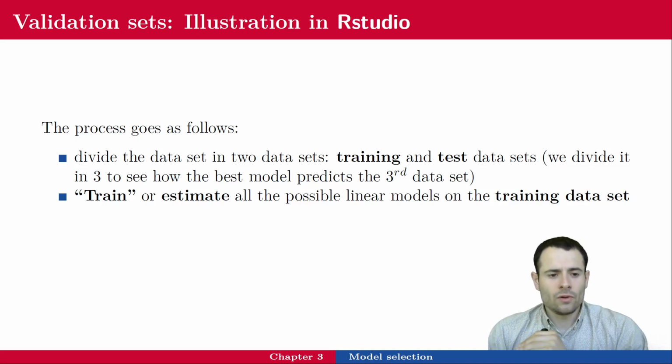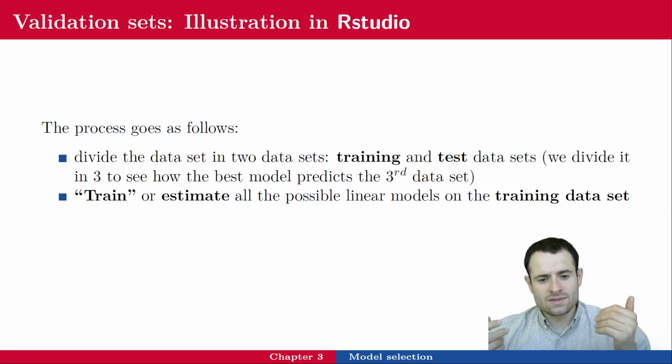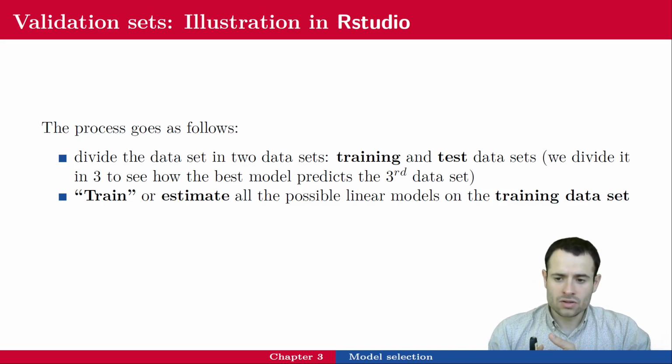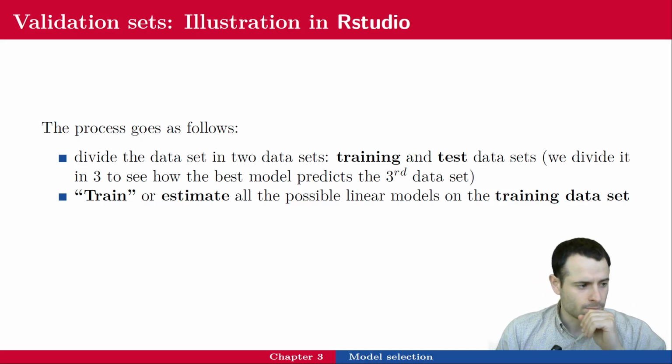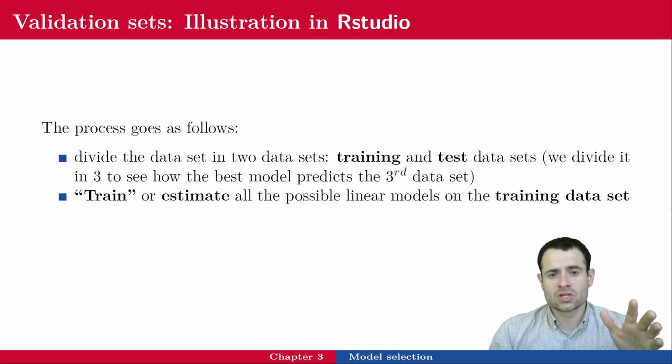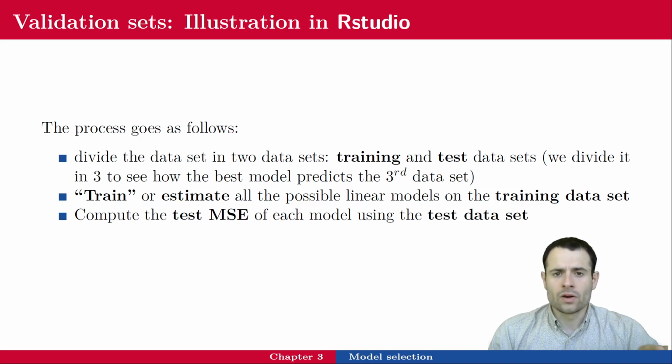So, first of all, train or estimate all the possible models on the training data set. So I have many possible combinations of variables. I'm going to estimate all of them. All the models with 1, all the models with 2, all the models with 3, and so on. Then I take the predictions of each model and I apply them to my test data set.